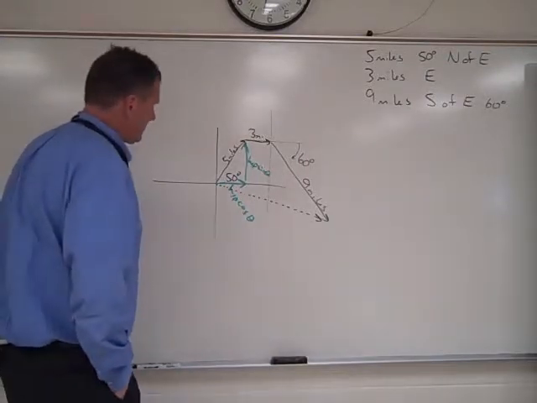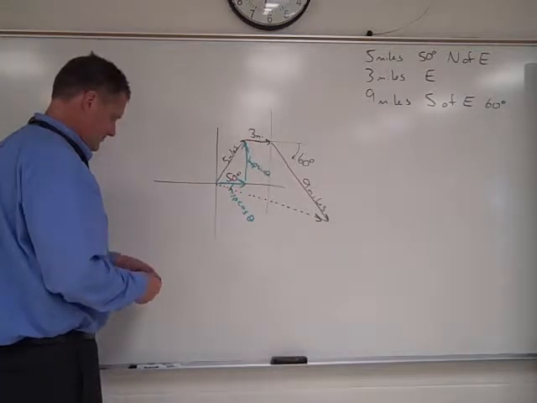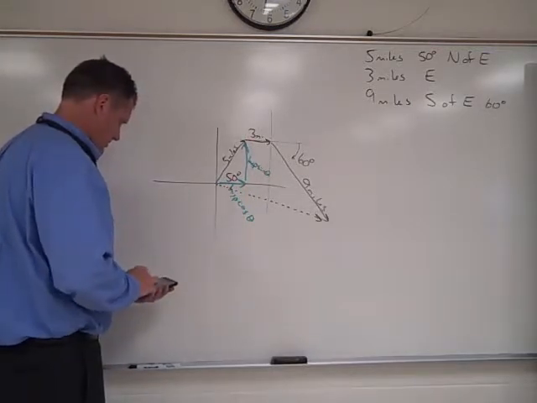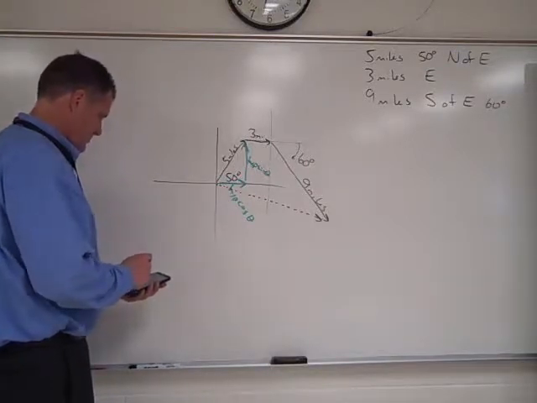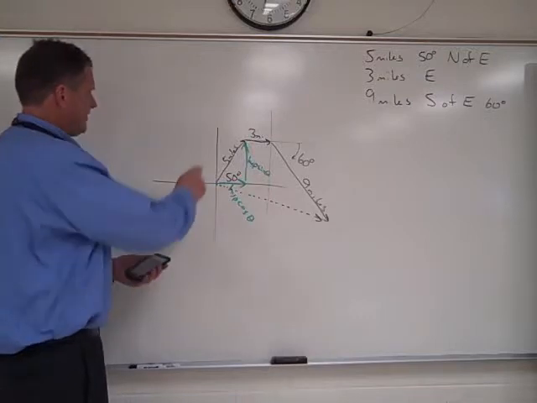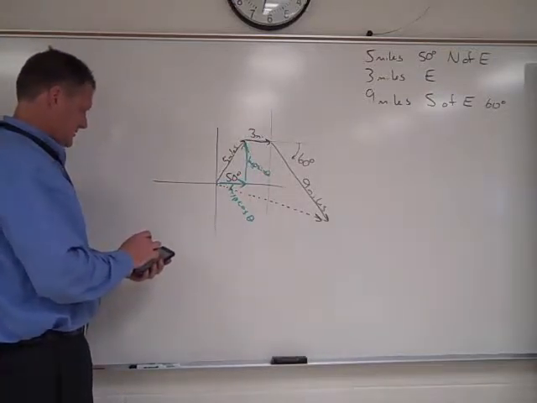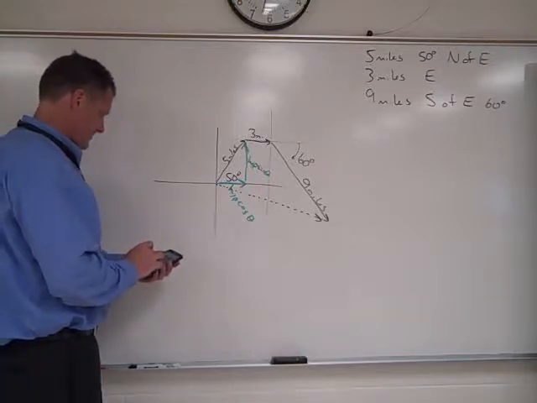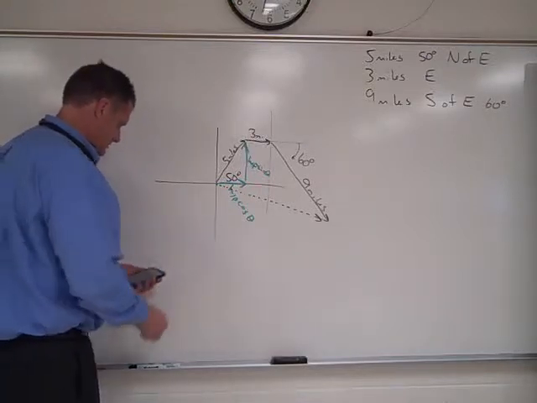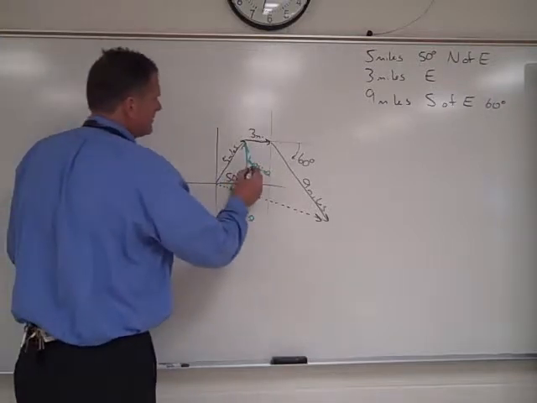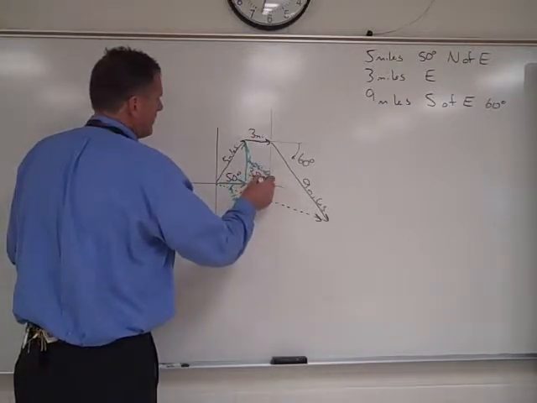So really quickly in my calculator, I'm going to put in 5 times sine of 50 degrees. So that's 3.8 miles.